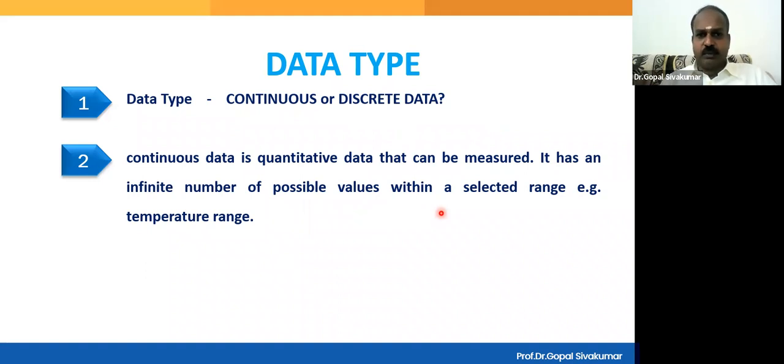For example, the strength of the material can vary from 95 up to 105. Those are the specification limits, and any product in which I measure the strength, the strength can be any value between 95 and 105. Infinite number of values are possible. Such data are called continuous.